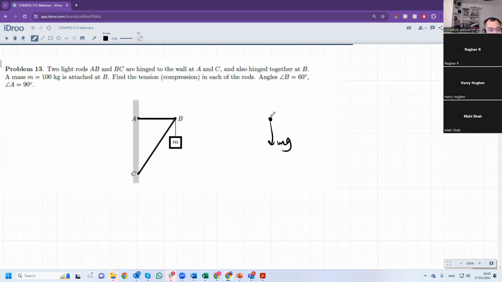You don't know which way the tension is, so you just guess. I'm assuming the tension from here is going that way, and the tension from here is going that way. Let's call it T1 and TB. You split TB into components, and you just find it. It's quite a straightforward question. The vertical component of TB is that, and the horizontal component is that.